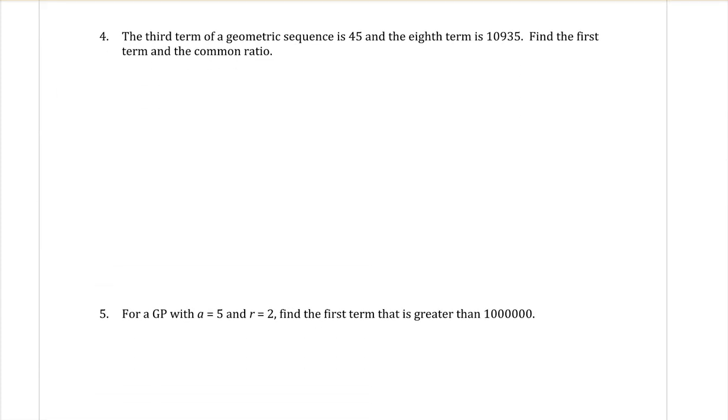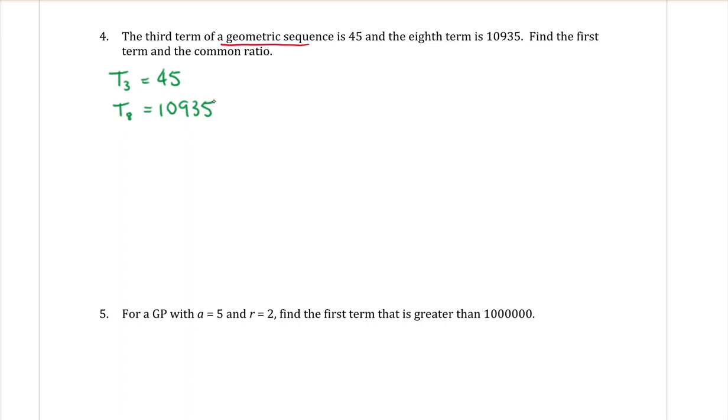Question 4. The third term of a geometric sequence, okay, so we're changed to a geometric sequence now, is 45. So I'm still going to write down here, term 3 is equal to 45, but I'm going to be using a different formula for a GP. The 8th term, so T8, is equal to 10935.